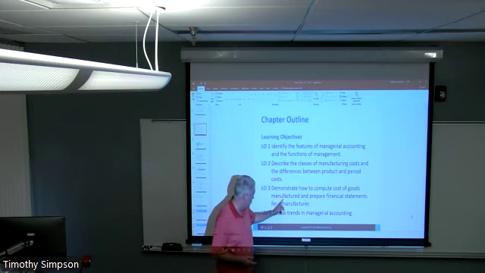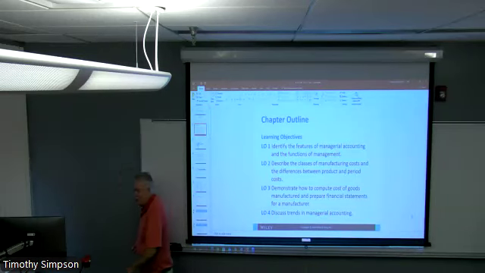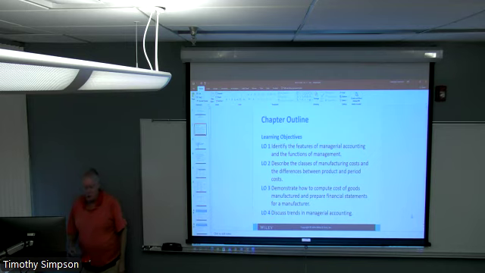That's cost of goods manufactured. These are goods not yet sold, but it captures the cost of those goods as they're produced. And this would be really the cost of final goods. And I'm going to talk a lot about this idea of what we call inventoriable costs. And then we'll talk about some trends in managerial accounting itself.